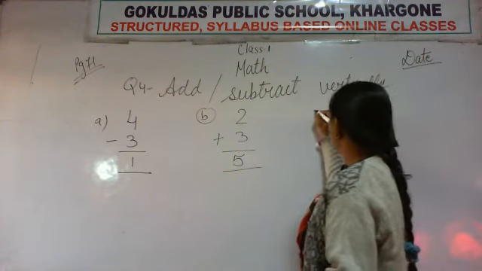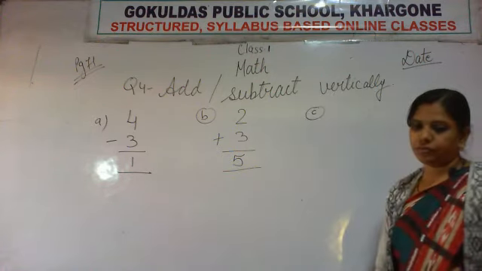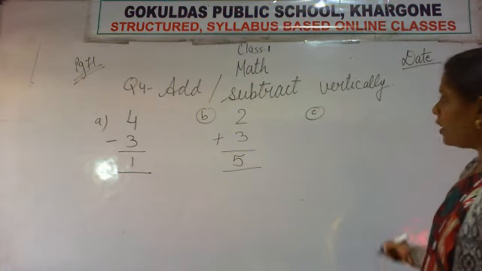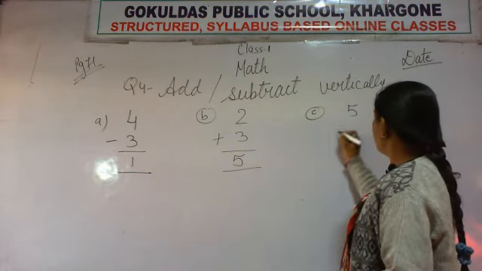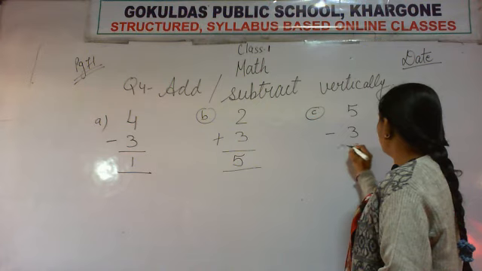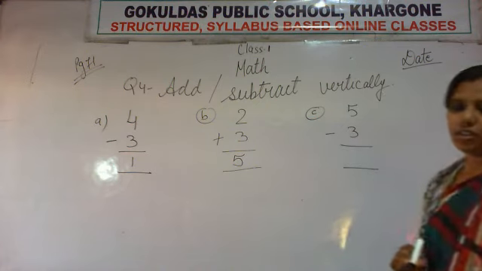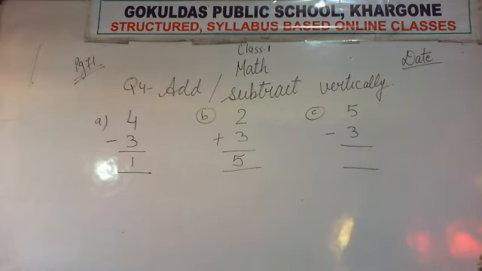Next question C. 5 minus 3. Copy the question. The symbol of subtraction is given and we read the symbol of subtraction as minus. So read the question. 5 minus 3.